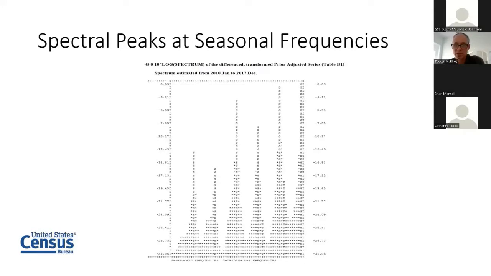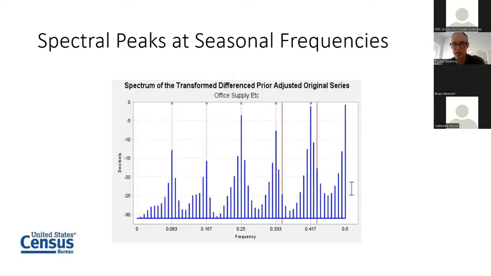This is really old school: the plot from the old ASCII output for the software, and you can see the peaks are coming at those 6 seasonal frequencies marked with S's. And then this is essentially the same information in a prettier display. The S's are marked there, and red lines for trading day.